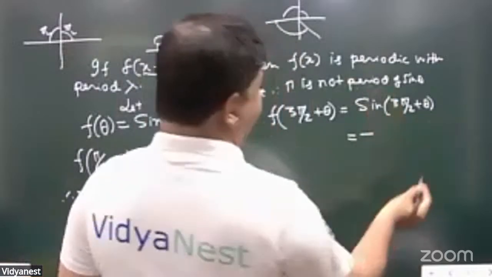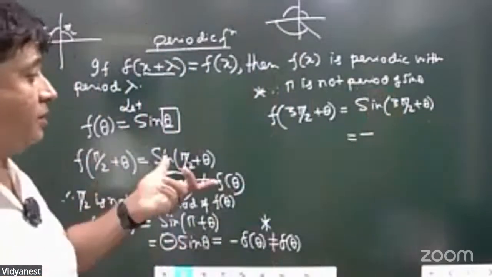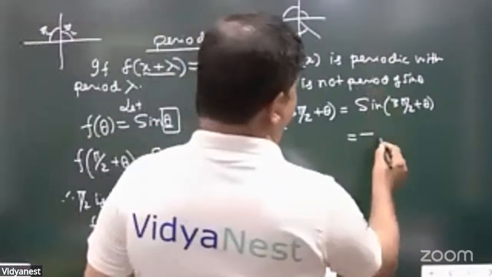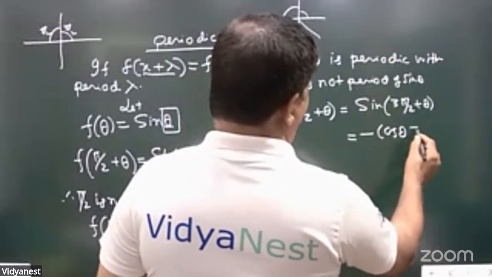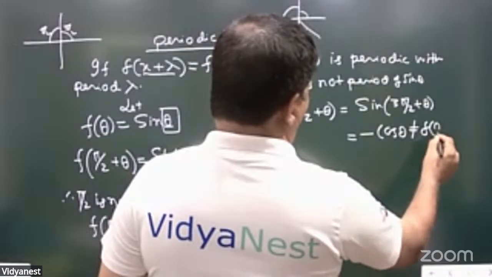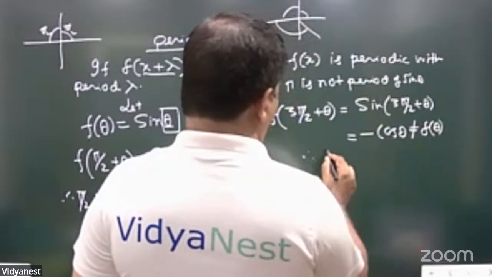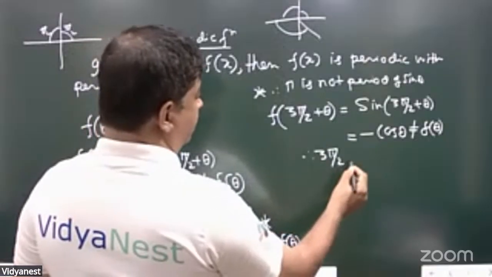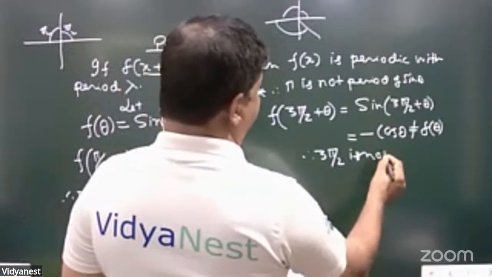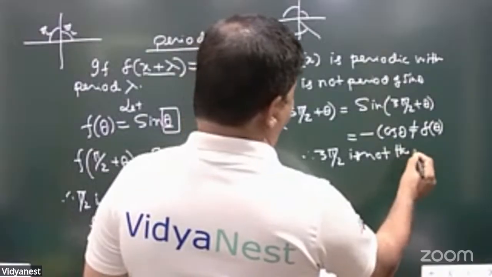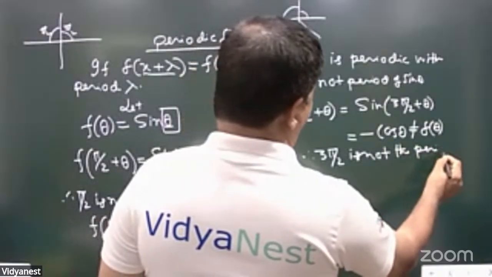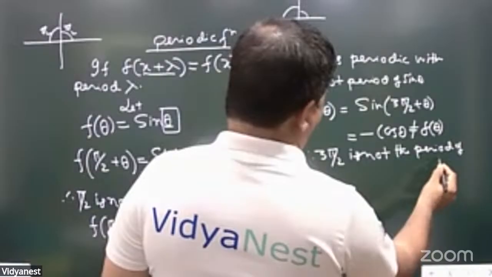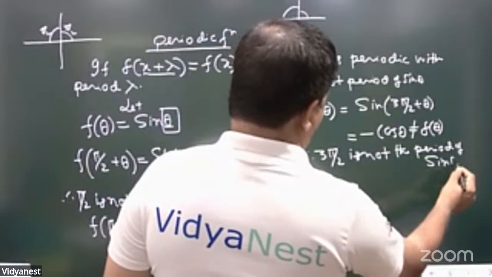Sine will be changed to cos theta, not equal to f(theta). So 3 pi by 2 is not the period of sine theta.